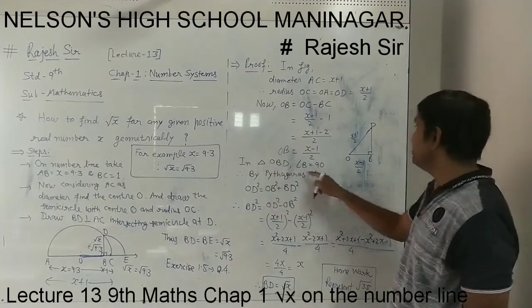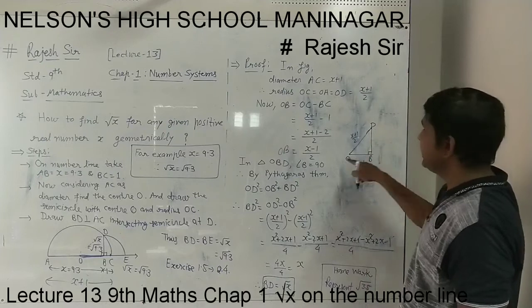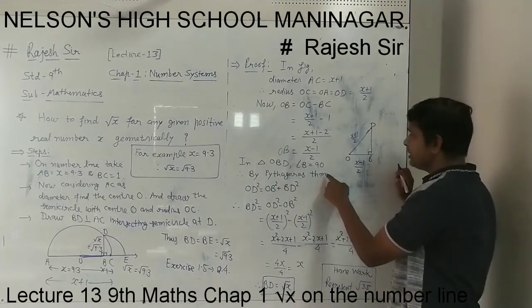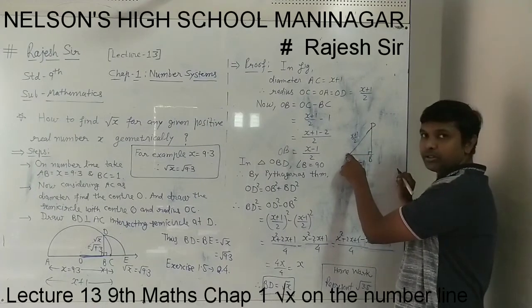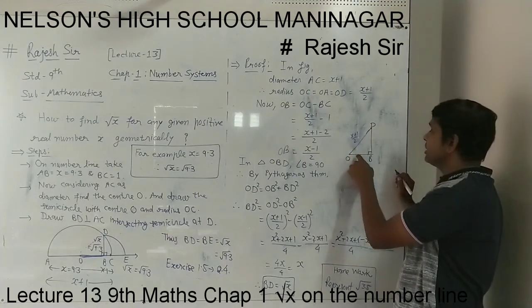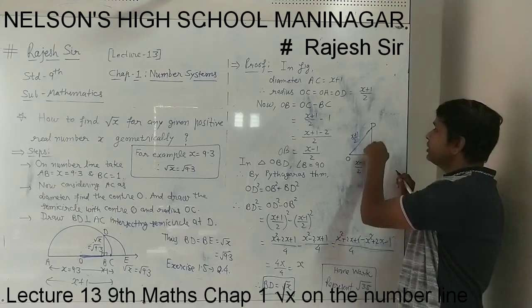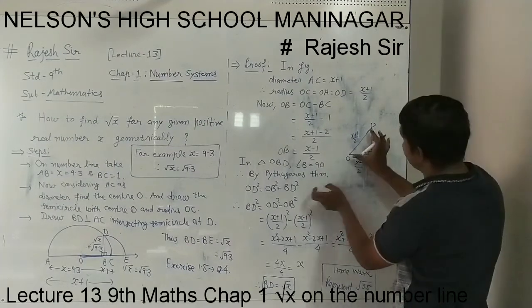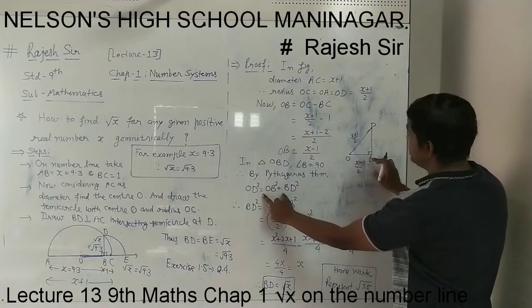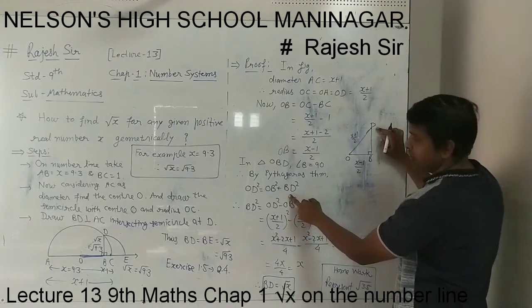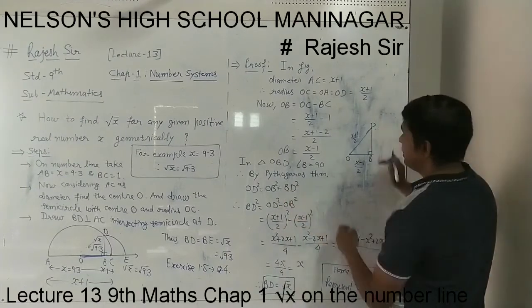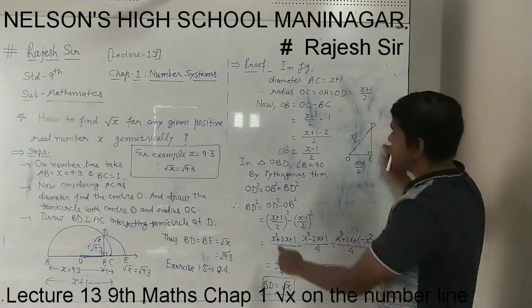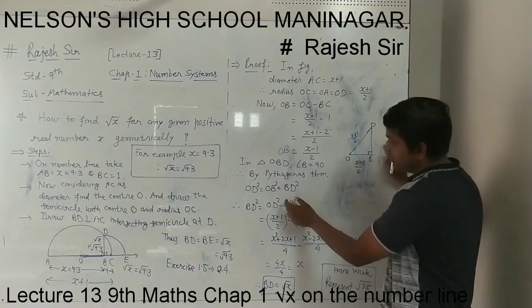See, in triangle OBD, B is at 90 degrees. So by Pythagoras theorem, the side opposite the 90 degrees is the hypotenuse, and the hypotenuse square equals the sum of the squares of the other two sides. So OD square equals OB square plus BD square.